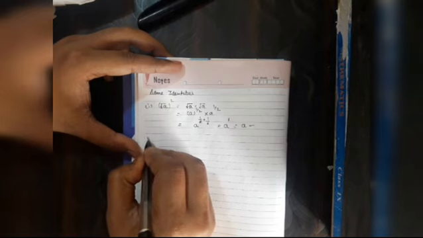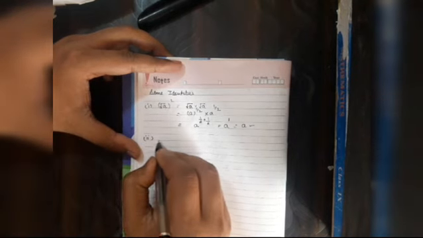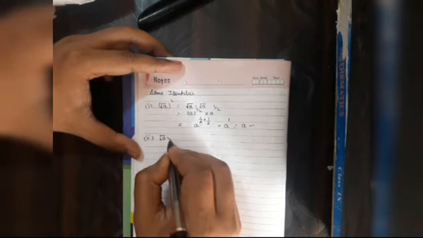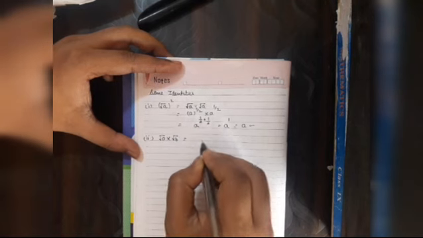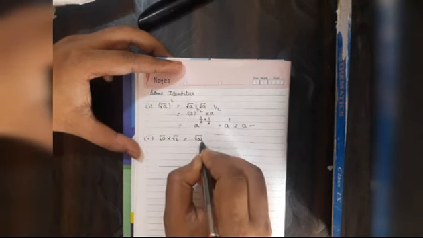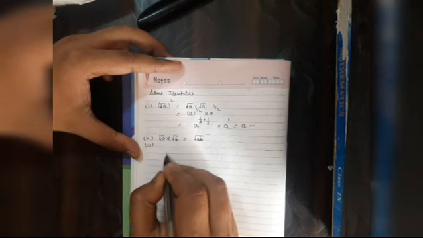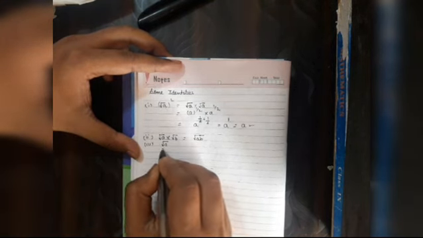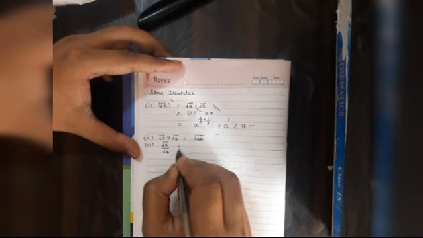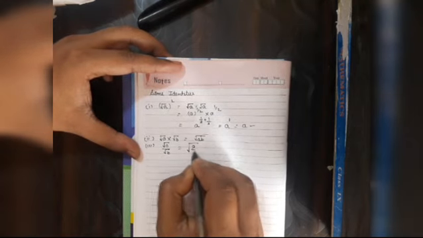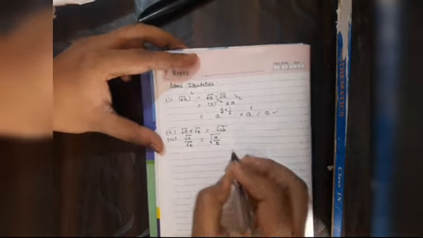The next identity is root a into root b, which gives root ab. The third one is root a upon root b, which we can write as root a upon root b.